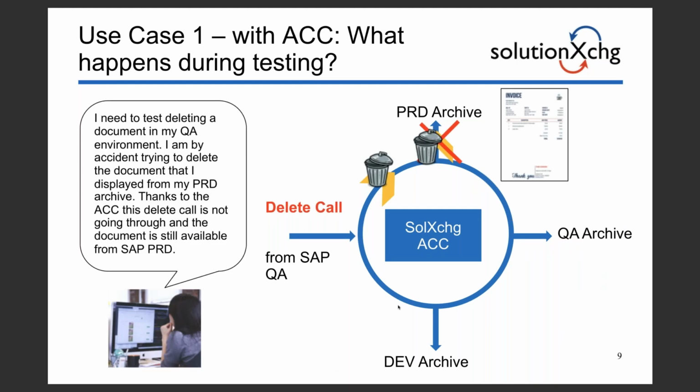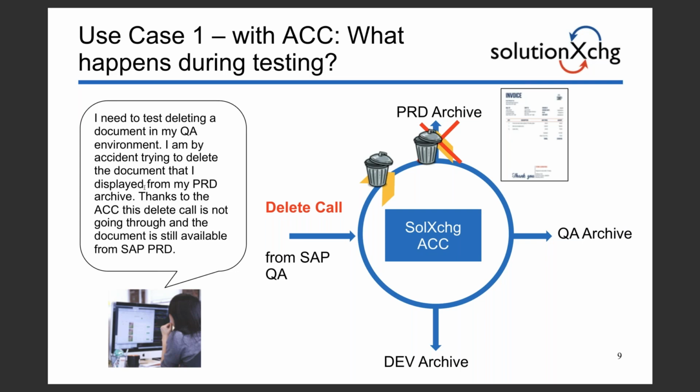Now, third case, we looked at a display, a read, we looked at a write. Now we're looking at a delete. We're trying to test deleting a document in a QA environment. And the user who is testing is by accident trying to delete a document that is not a new test document, but one that has been created previously in the production system and has come over with the system copy.